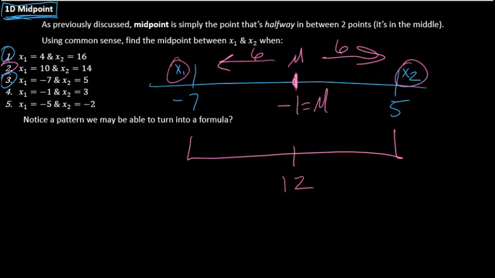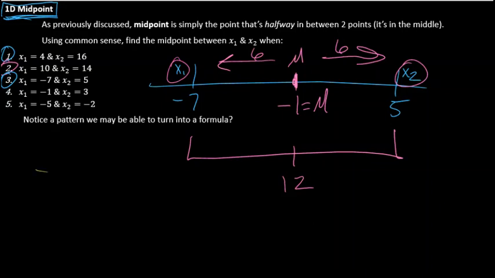Now, common sense was kind of useful here, but when things start getting worse, let's try to generalize. Let's see if we have something. Negative 1 was our midpoint. It was 6 away from the start and 6 away from the finish, right smack dab in the middle.